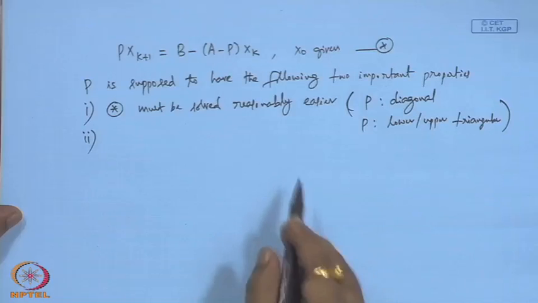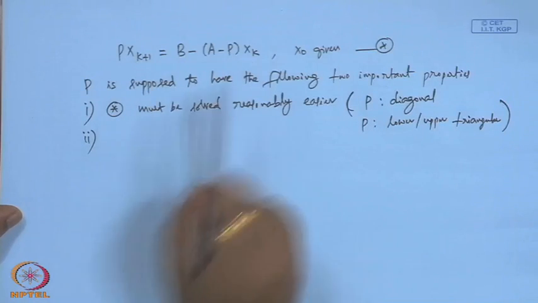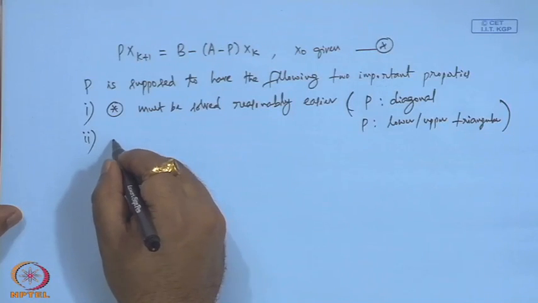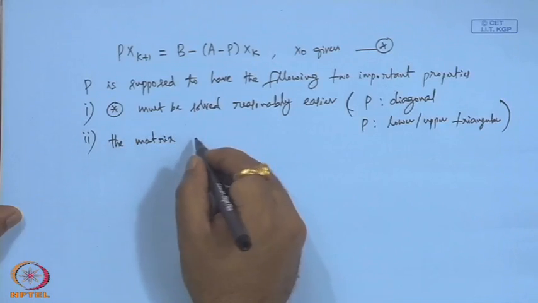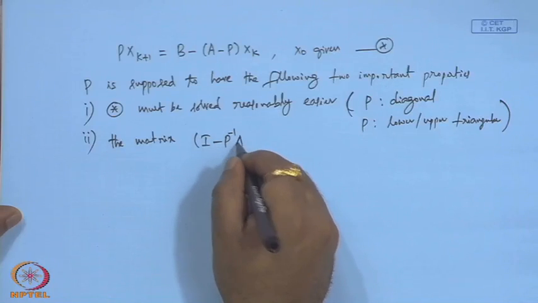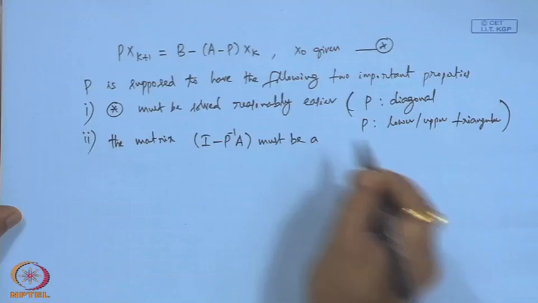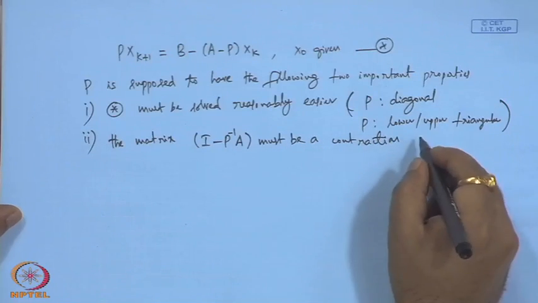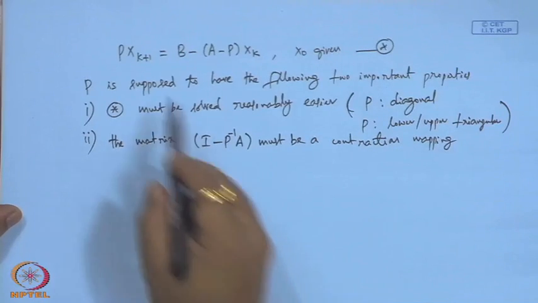If P has this structure, then one can expect that this system is relatively easier to solve. Two, the matrix must be a contraction mapping.